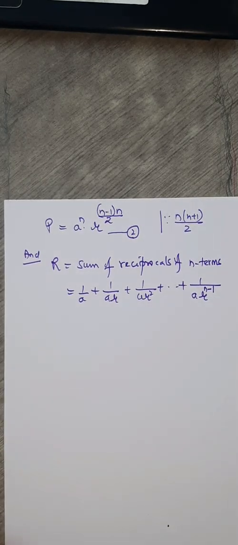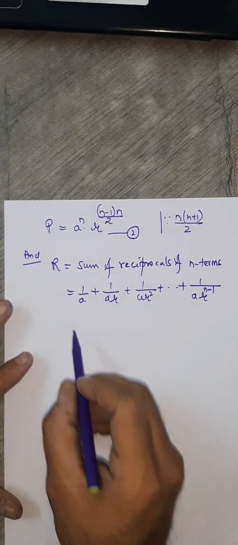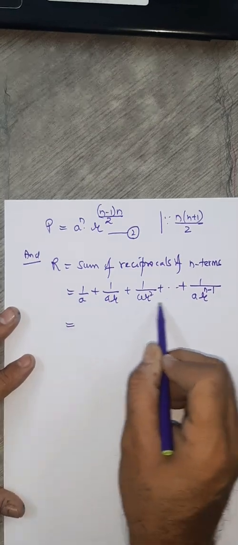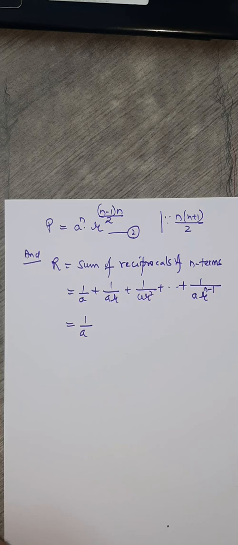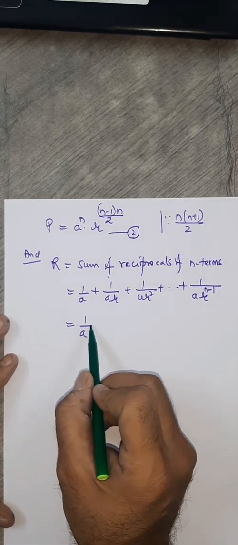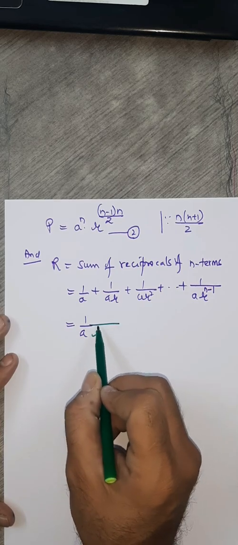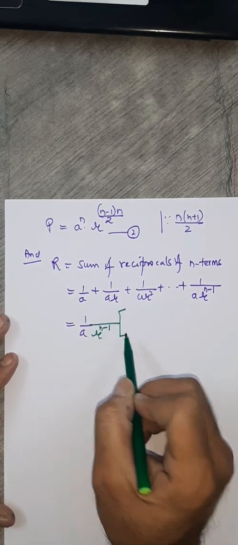So now we just need to simplify this. What is common? That is 1 upon a. That is common. And what else can you find? You can take r raised to n minus 1 as the LCM.